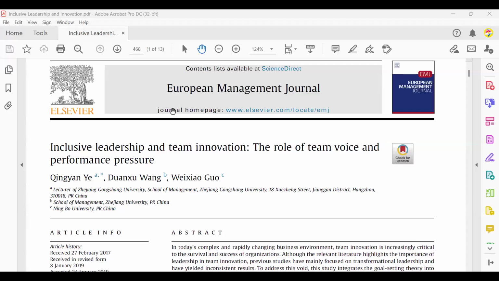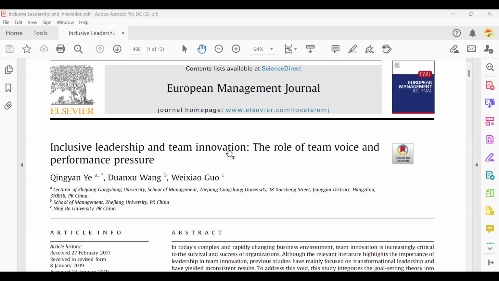We are going to use this paper as an example of a quantitative study. So the title is Inclusive Leadership and Team Innovation. Just from the title, we have a clear understanding of the constructs being studied. It goes on to say the role of team voice and performance pressure.